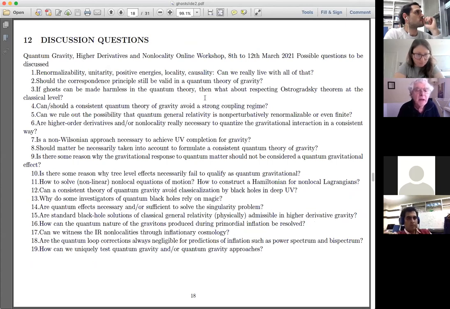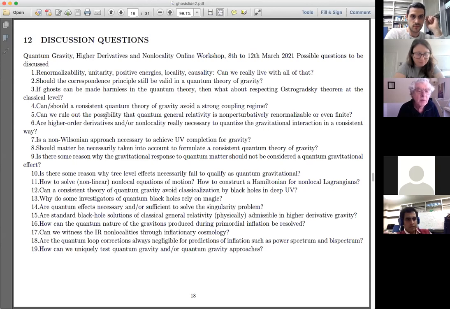It's just not on the real axis. Can ghosts be made harmless in the quantum theory? Yes, and the Ostrogradsky theorem is taken care of at the same level. Can a consistent quantum theory of gravity avoid strong coupling? The answer is that there's no need. It's a consistent theory at all couplings. Can we rule out the possibility that general relativity is non-perturbatively renormalizable or even finite?